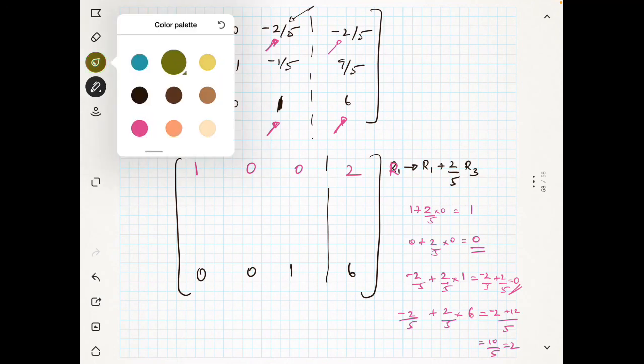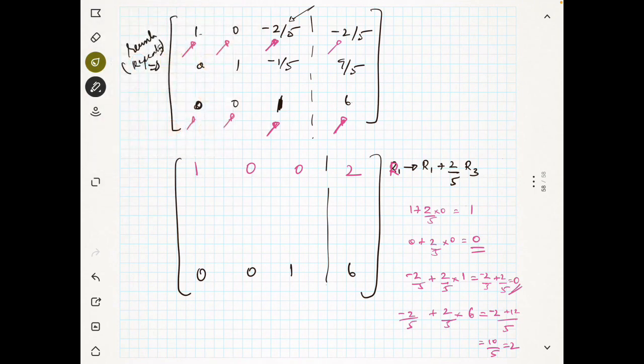Next we will consider the transformation here for R2. Sorry, not R3, R2. R2 is changed to R2 plus 1 by 5 into R3. Why am I using it like this? Because there is a minus 1 by 5.